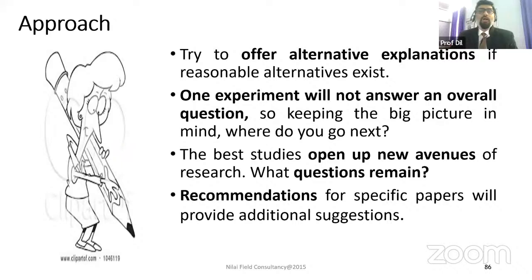Try to offer alternative explanations, deliberate, and likewise give: if this is the situation, this will lead to this kind of scenario, you can talk about it. One experiment will not usually answer overall questions. So open up new avenues: what questions remain, what you cannot attend to.